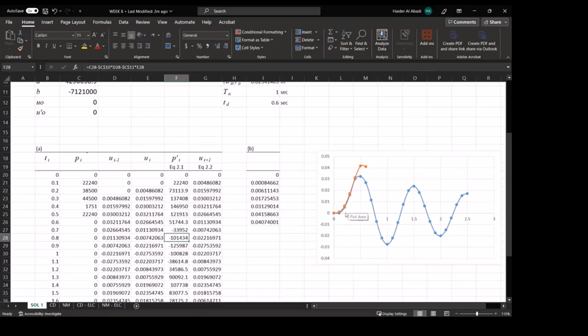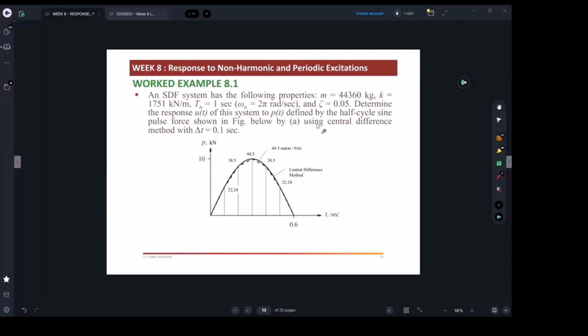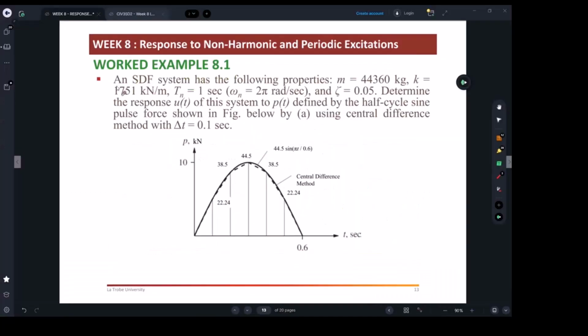Today you just need to calculate the response of a structure, whether displacement or acceleration, so let's see what the question wants you to do and go through it. They're saying there is a single degree of freedom system. It's got this mass, this stiffness, this natural period, and the damping is also given to you.